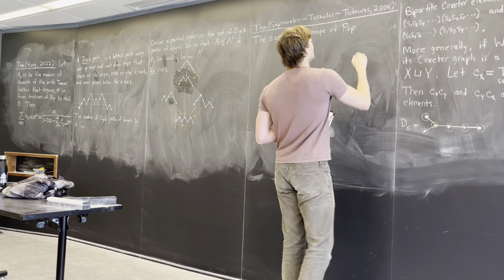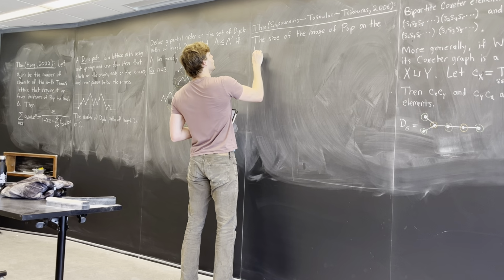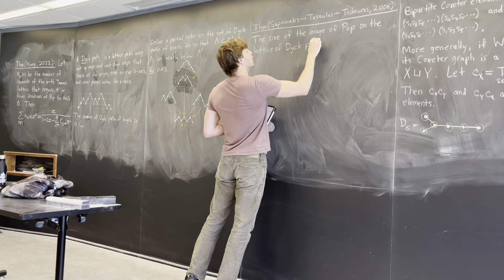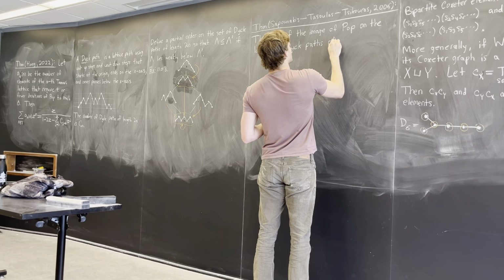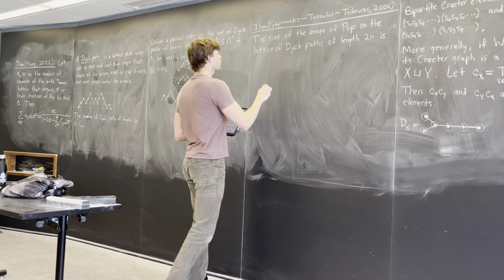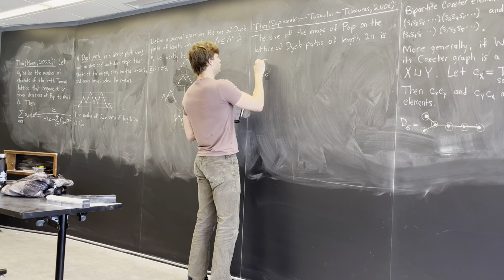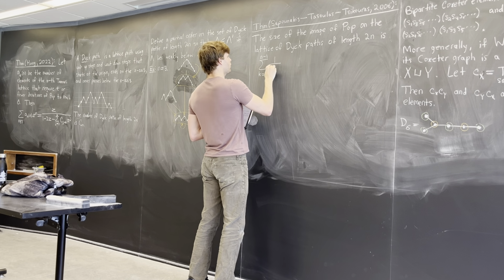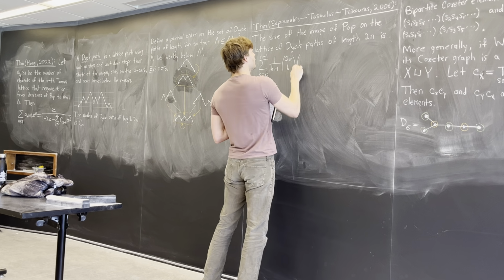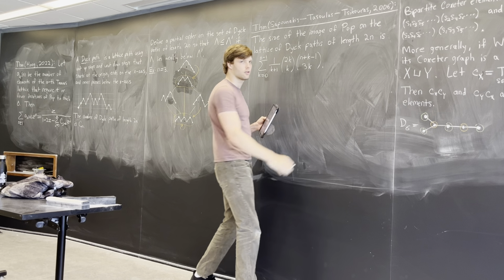But on the lattice of Dyck paths of size 2n, or of length 2n, they show that it's the sum from k equals 0 to n minus 1 of 1 over k plus 1, 2k choose k, n plus k minus 1 choose 3k. Some formula.